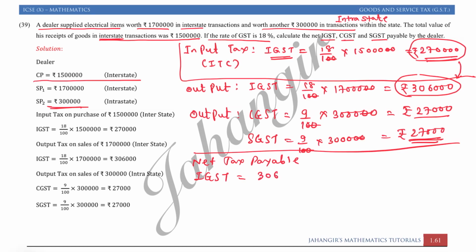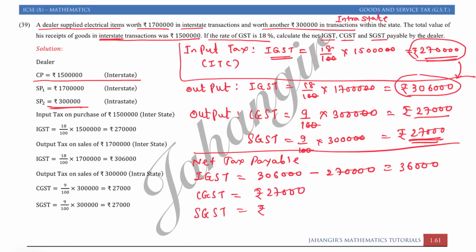So the difference between that amount will be payable as tax. So 36,000 is payable as IGST. In CGST there was no credit, so fully rupees 27,000 is payable. And in SGST also we don't have any credit, there is no ITC in that also, so we will pay this as output tax.